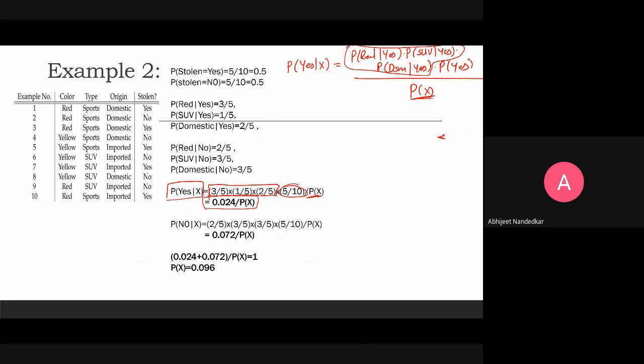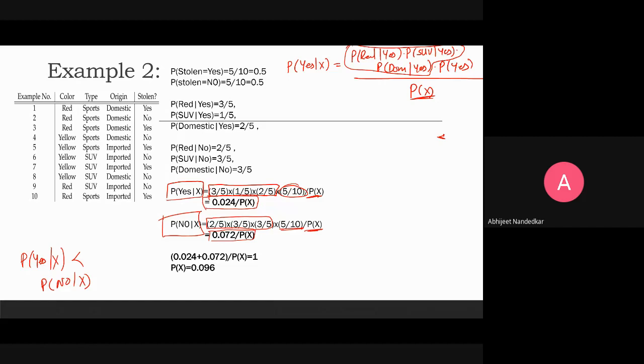Now the same thing you will use for the question, that is probability of getting stolen is no, given the input is the same, that is X. Then these 3 are the likelihood approximations, and this is the prior of no, divided by probability of X. So this will be 0.072 by P of X. So from this we can see that probability of yes given X is less than probability of no given X. Am I right?